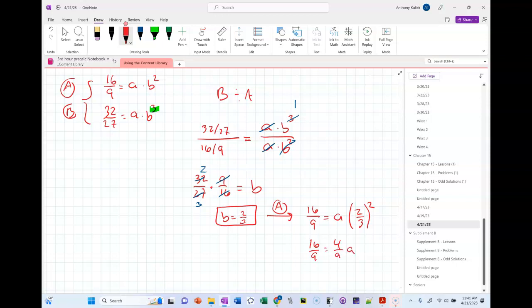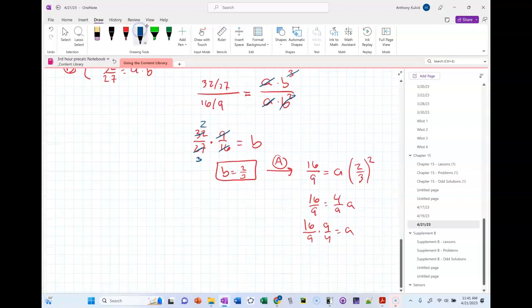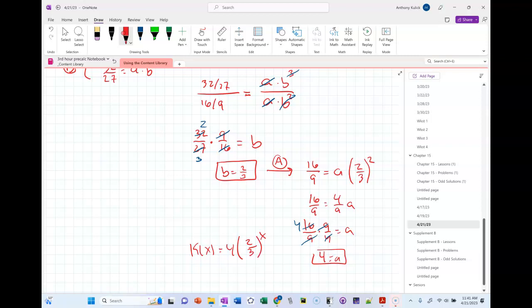And if I divide both sides by 4/9, that's the same thing as multiplying by 9 over 4. And there again, I can reduce and get that a is equal to 4. So I'd say here k of x is 4 times 2/3 to the x.